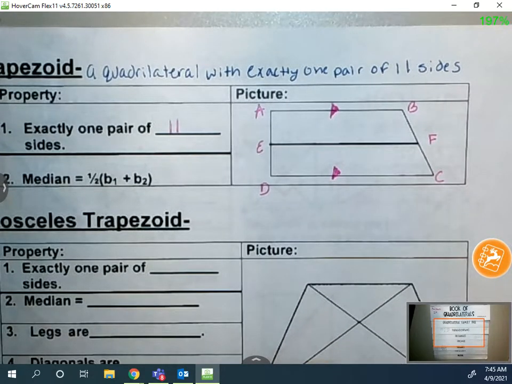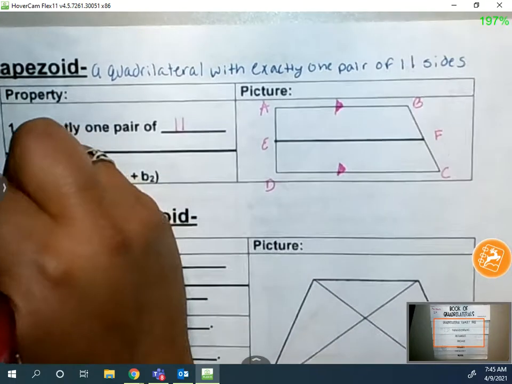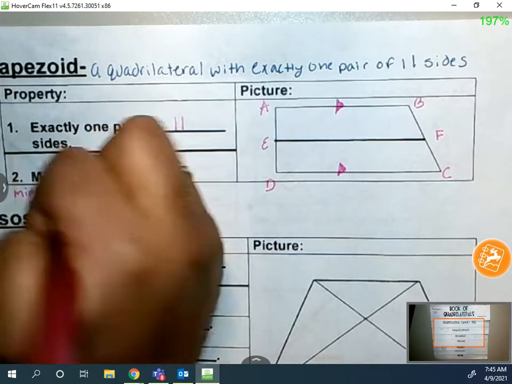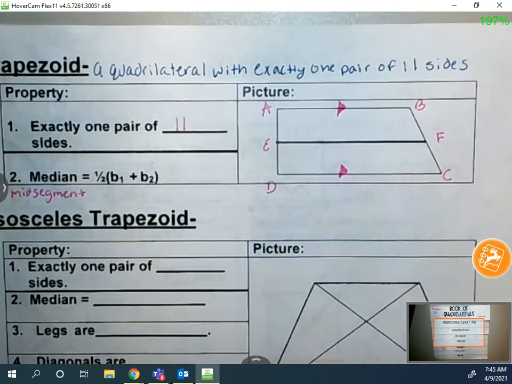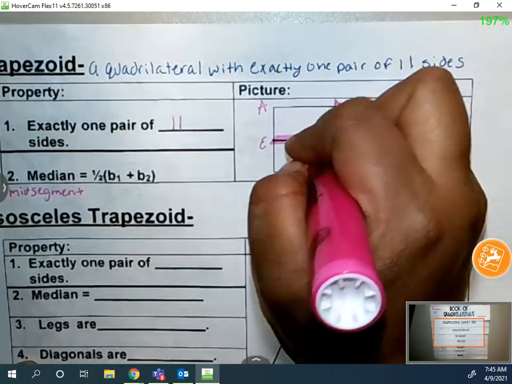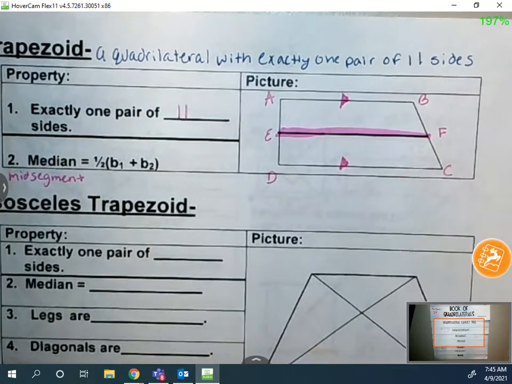And then we have a formula for the median. Some textbooks call it the median, some textbooks call it the mid-segment. So just know that the mid-segment and median are the same. The mid-segment is this line right there.